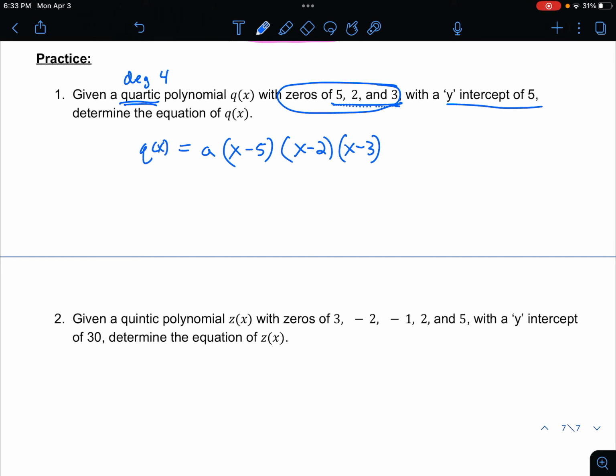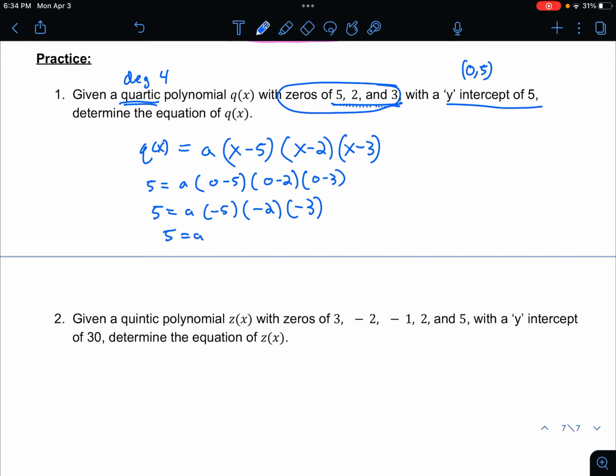Now I'm going to substitute in my point. Again, that's the y-intercept, 0, 5. But if I were given a different point, you just plug in the x and plug in the y and solve for a. So here I'm going to write 5 equals a, 0 minus 5, 0 minus 2, 0 minus 3. 5 is equal to a times -5 times -2 times -3.